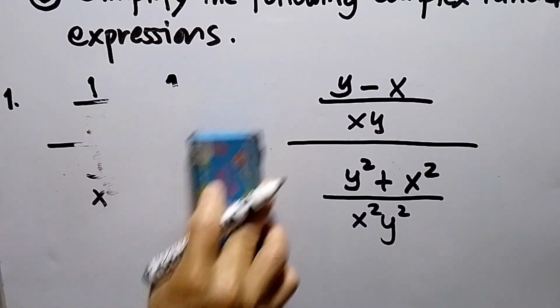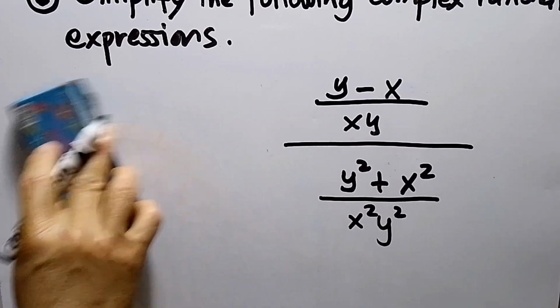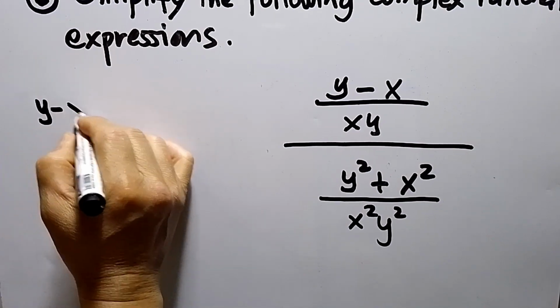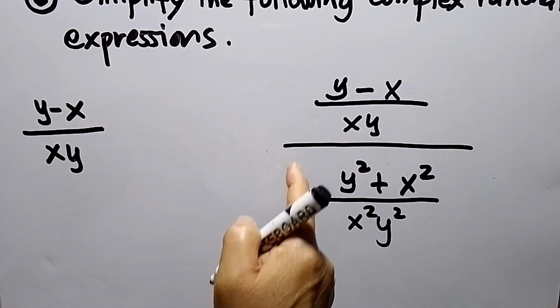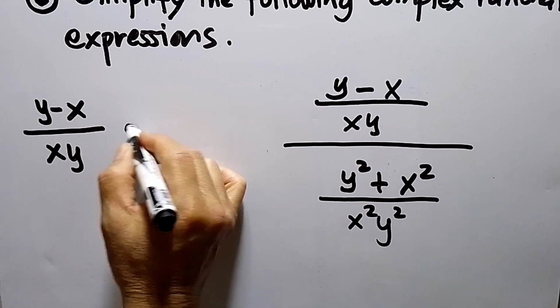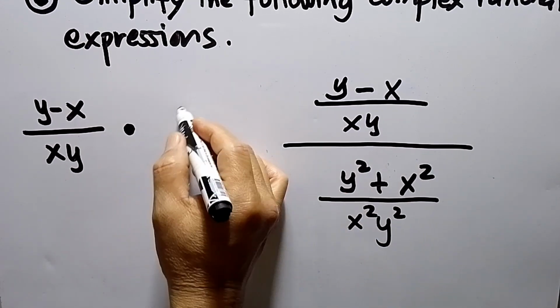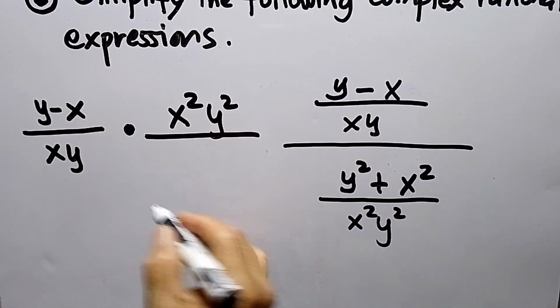So I have now my numerator, y minus x over xy. I need to write this one, y minus x over xy, and then change this division operation to multiplication and take the reciprocal of the denominator. So this will be x squared times y squared over x squared.